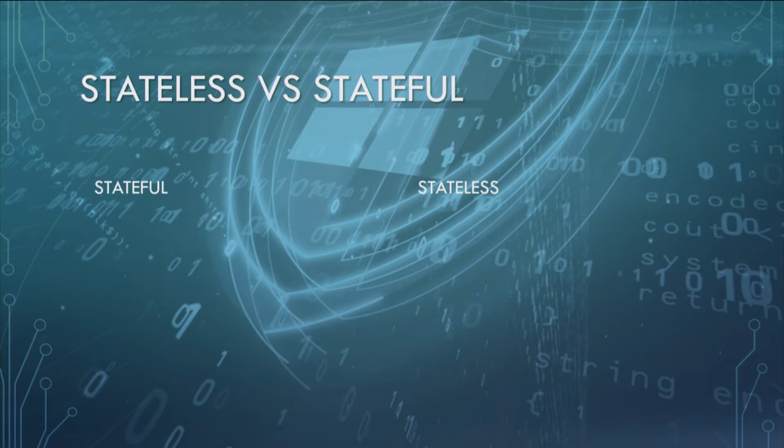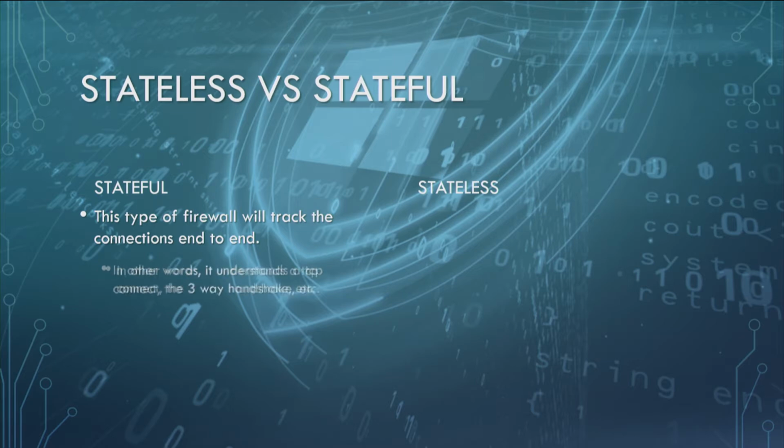There are two types of firewalls: a stateful firewall and a stateless firewall. Basically a stateful firewall is going to understand the state of the connection. They're going to know the three-way handshake. They're going to have a table of all the established connections.